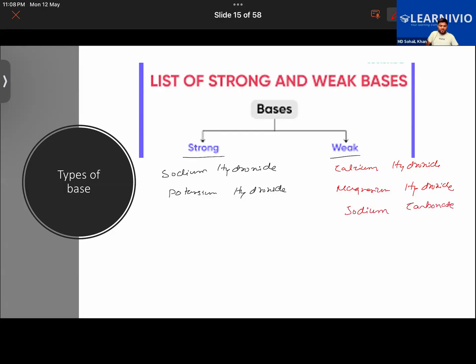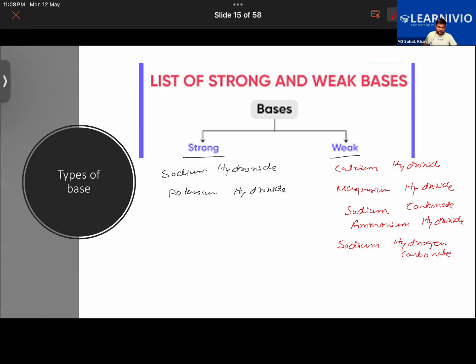Ammonium hydroxide also. We have many more, like sodium hydrogen carbonate, that is baking soda. So these are the strong and the weak bases.